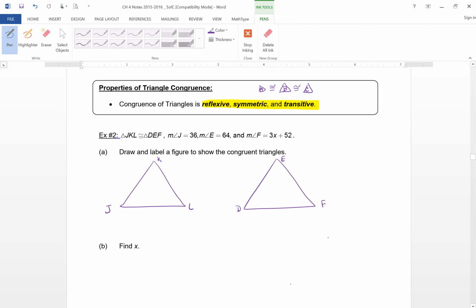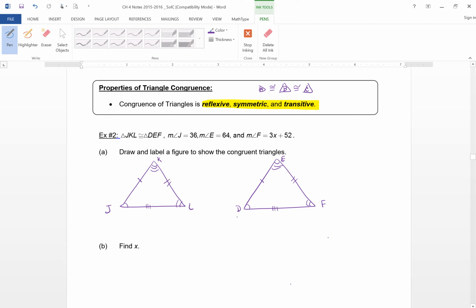I now have to go and say, all right, JK is congruent to DE, KL to EF, JL to DF, and then the same thing with all the angles. All right, and there. Now I've shown two congruent triangles.